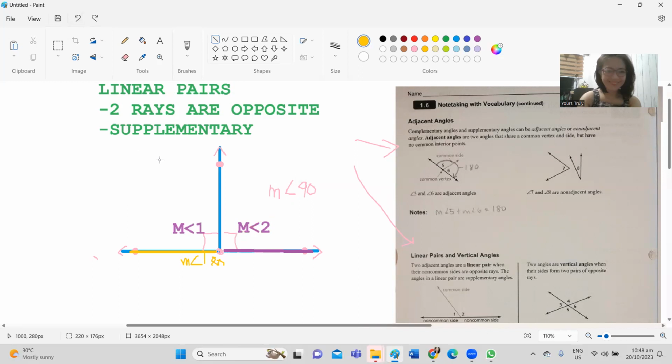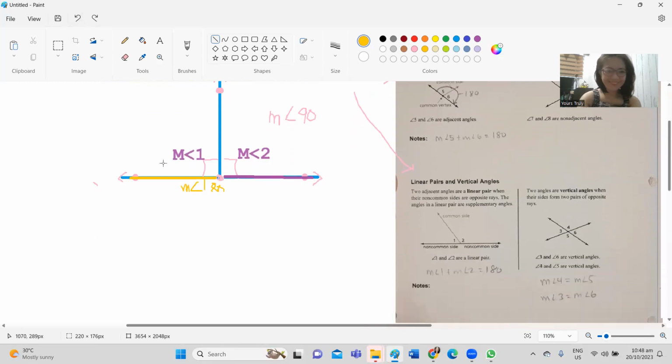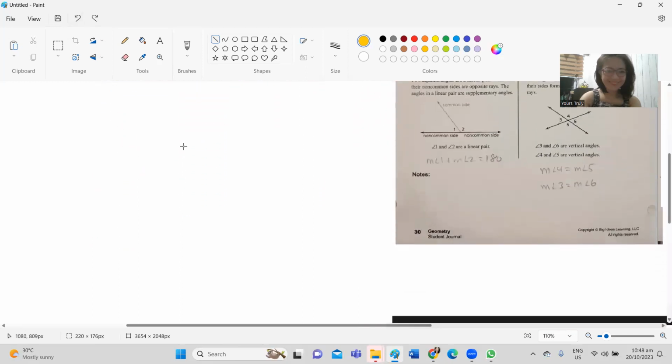How do we say that two angles are vertical angles? We talk about opposites, right? These are opposite rays. I'll put a dot here. This is their common vertex. This ray faces downward and the other one faces upward.